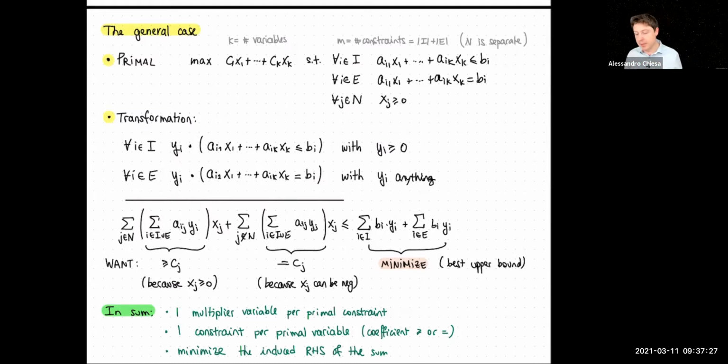That's what we get on the right side. Okay? So we have written down what we get by summing up things and keeping track of what we want to happen in order for this expression to be an upper bound to this one.